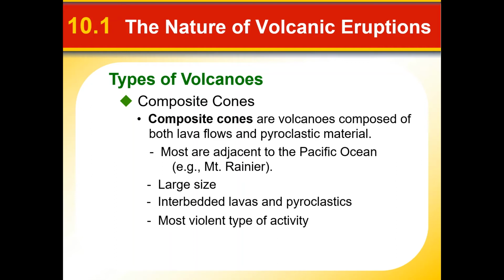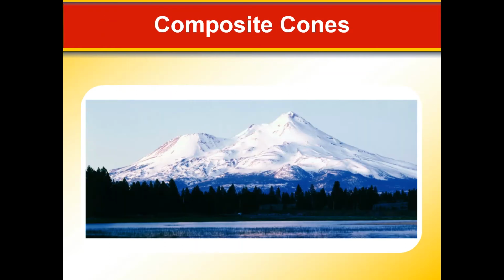They are large in size, but smaller than your shield volcanoes. They are interbedded lavas and pyroclastics and mostly violent type of activity. And this is the example of Mount Rainier.